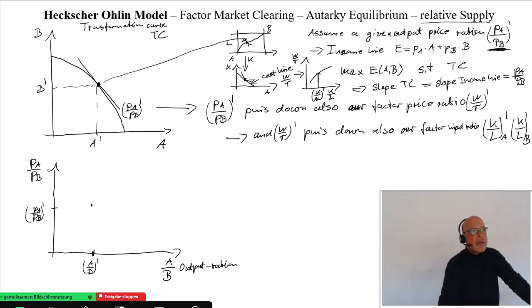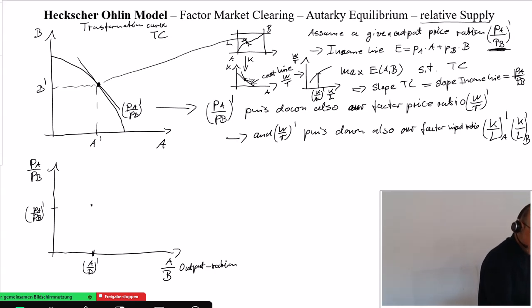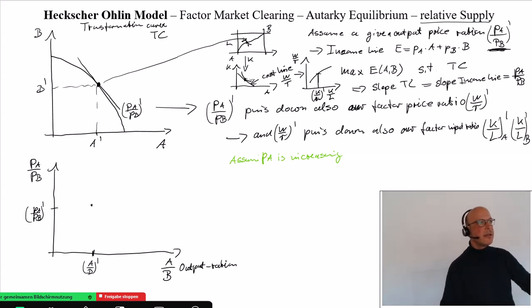And then, of course, I'm also interested in the dependence of another ratio. So let's do this again in another color, green. Assume PA, sorry, PA is increasing. What changes in the first diagram in the upper left?